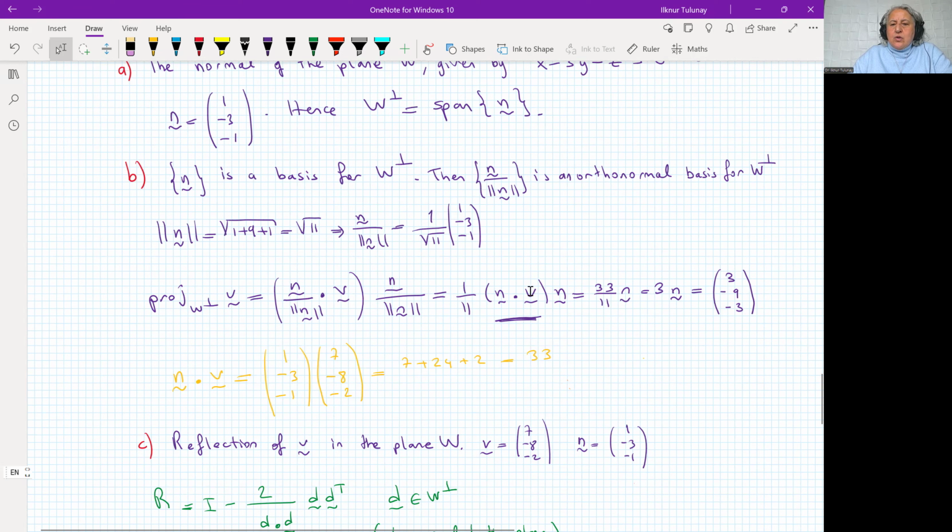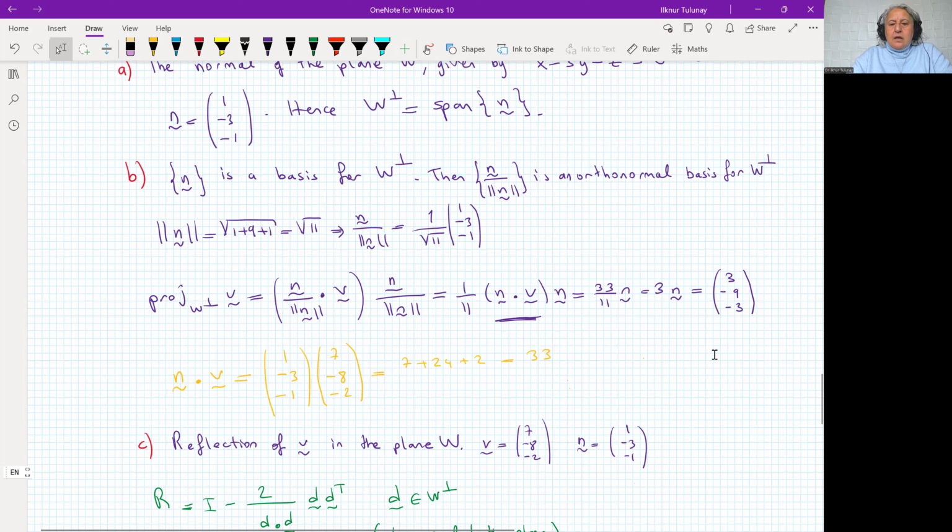So we have 33 over 11, which is just 3, and n is 1, minus 3, minus 1. If you multiply it by 3, it will be 3, minus 9, minus 3. So this is the vector which is the projection of v on W perp.